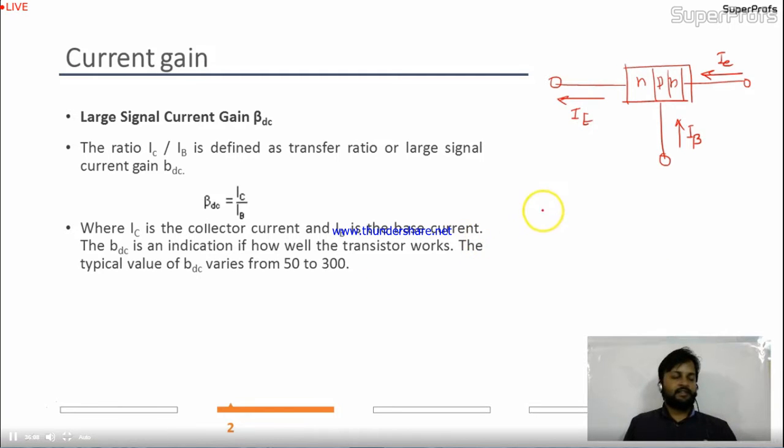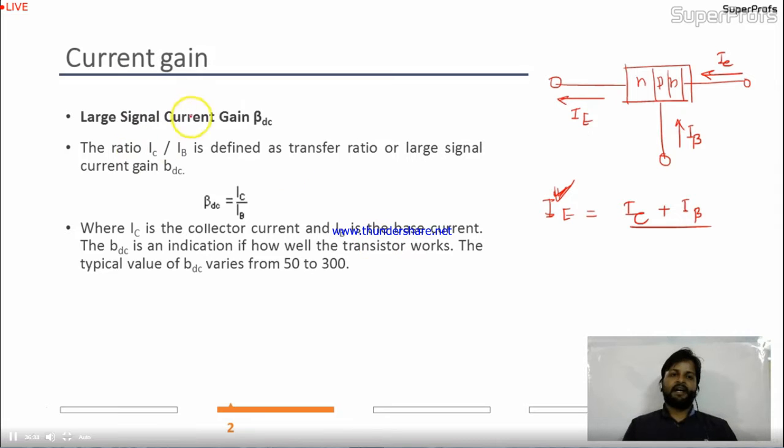So for any transistor, the relation between these three currents is IE equals IC plus IB. Who is responsible for current in the circuit? Obviously the emitter. So the produced current will be equal to the delivered current. So IE will be equal to IC plus IB.